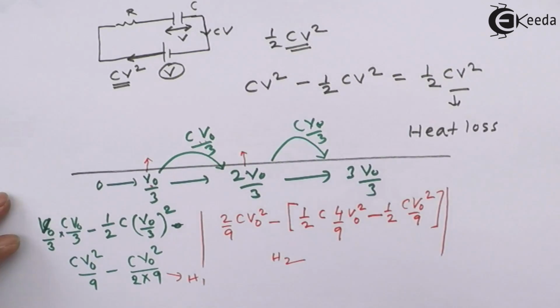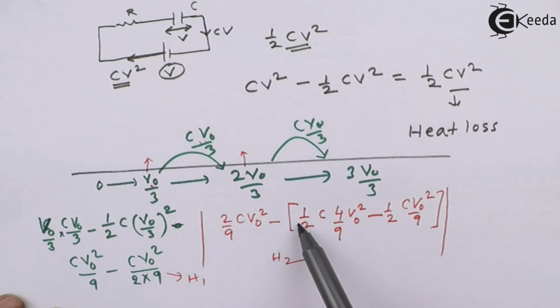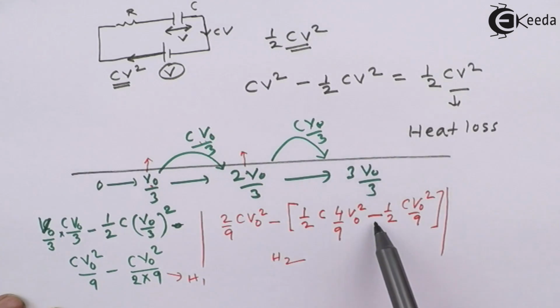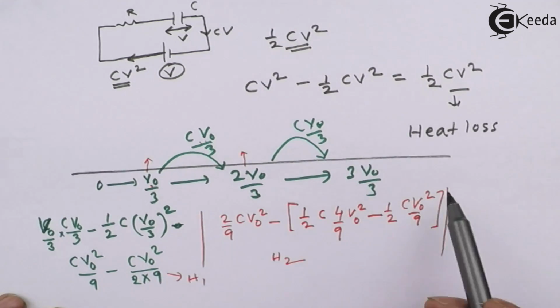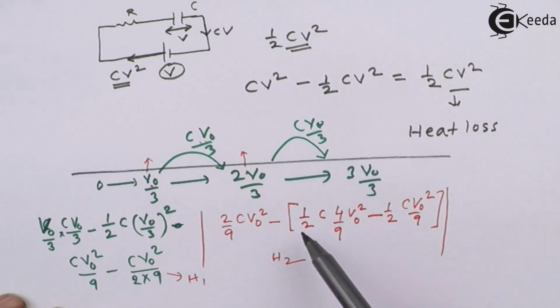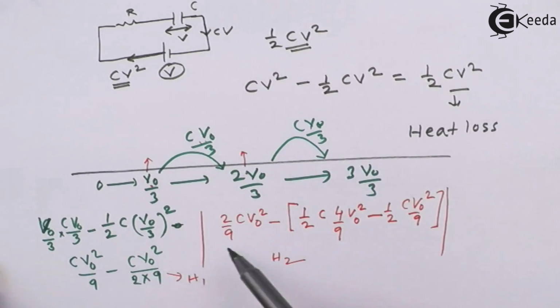If I add them, you can see that this minus goes, this becomes plus, and this number is there. This is minus, so this will cancel out. So instead of solving, better we'll write this first and then simplify and cancel the possible terms.